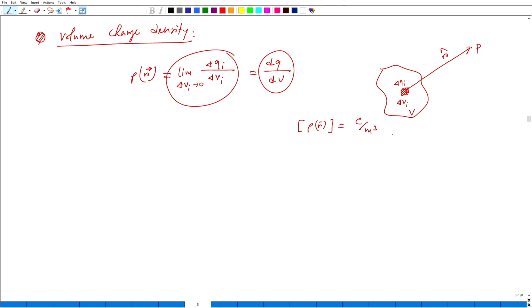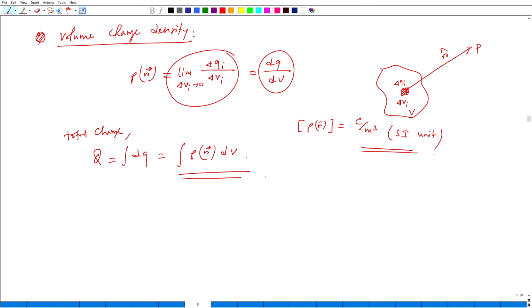And now it is easy to calculate the total charge. The total charge Q is the integral of dq, which is rho of r dV.